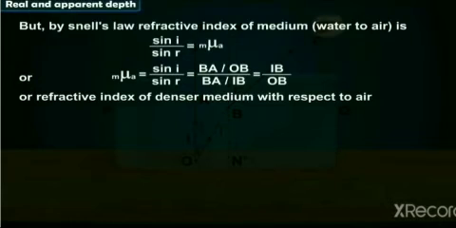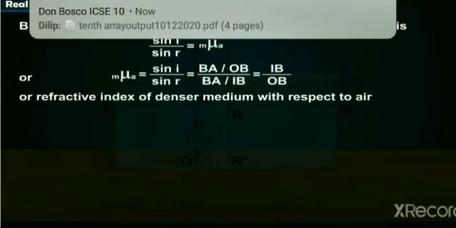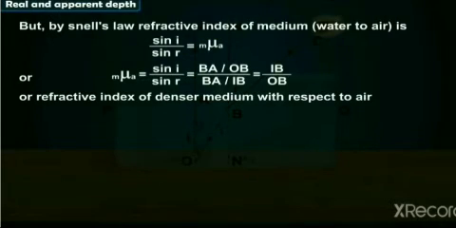Or, refractive index of denser medium with respect to air is equal to 1 upon refractive index of air with respect to denser medium, which equals OB upon IB.